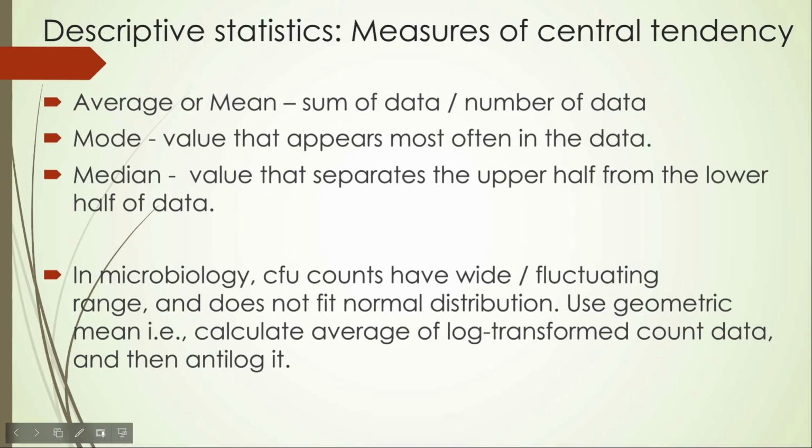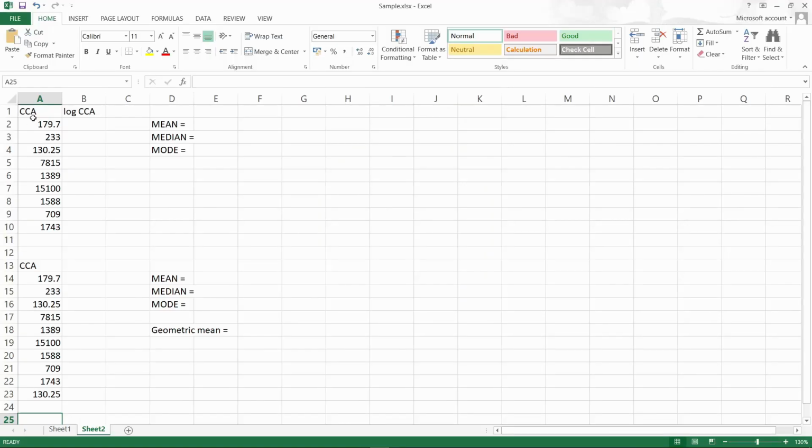So now let's see how we can do this. These are the chromocult agar counts. This is non-normal data, and to normalize it, I will log transform it.